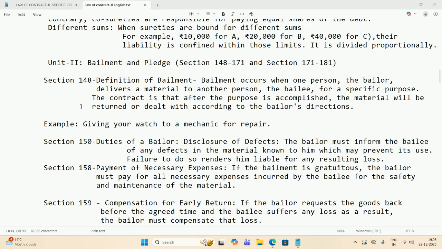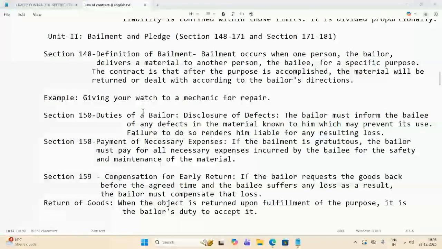The contract is that after the purpose is accomplished, the material will be returned or dealt with according to the bailer's direction. Means the material after completion will be returned to the bailer. For example, giving your watch to a mechanic for repair. When the mechanic repairs the watch, you give back the same.